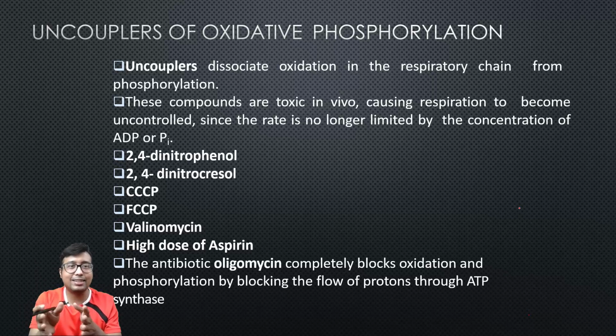I think I added an extra carbonyl, I'm sorry, I was mistaken. These names are difficult for you to remember, and you can see how difficult it is for me to remember. Honestly, the full forms of these will not be asked, and the structures will not be asked, but these will be given as abbreviations only. So if you know FCCP and CCCP, that's enough for you.